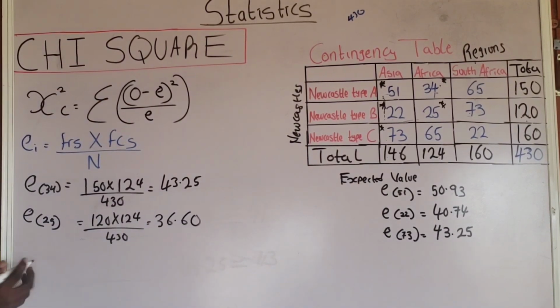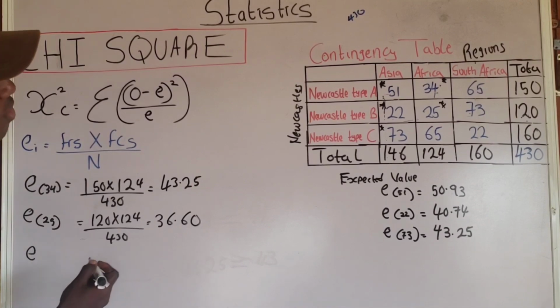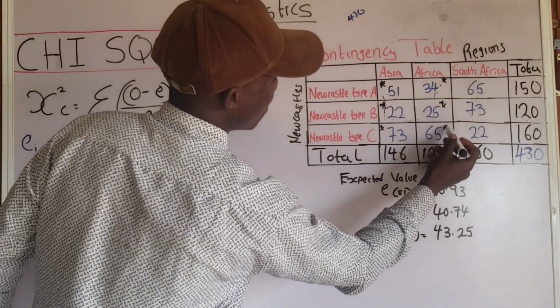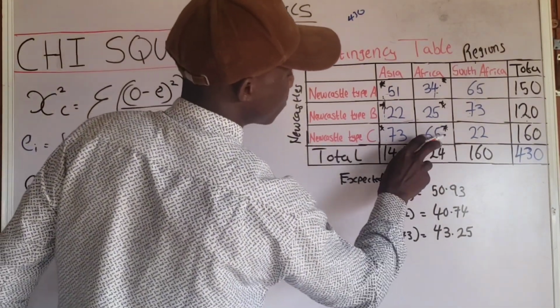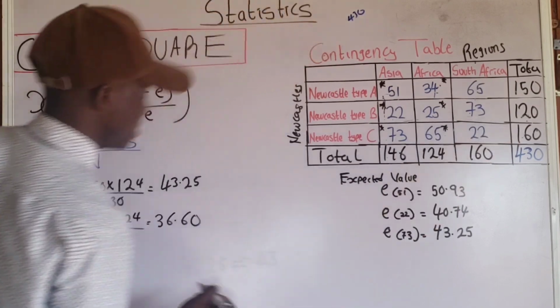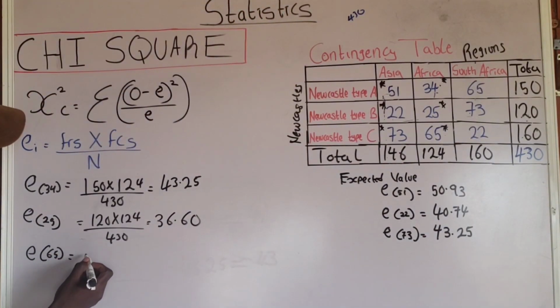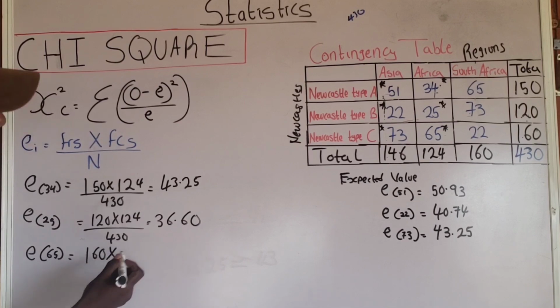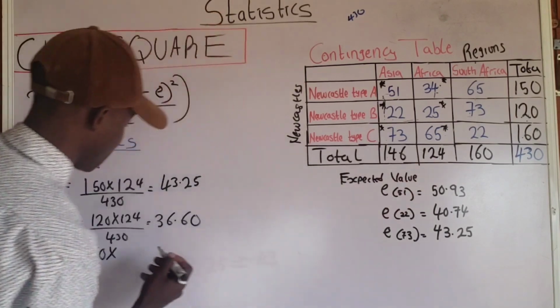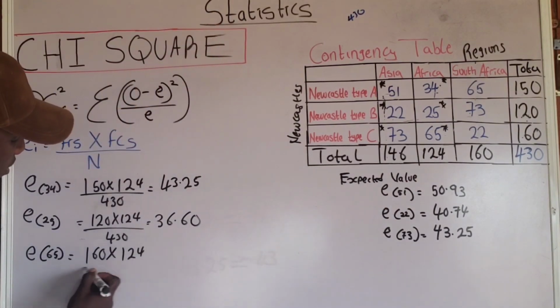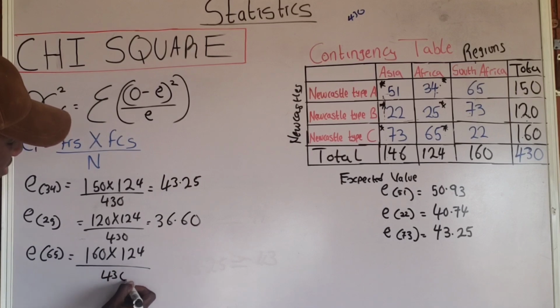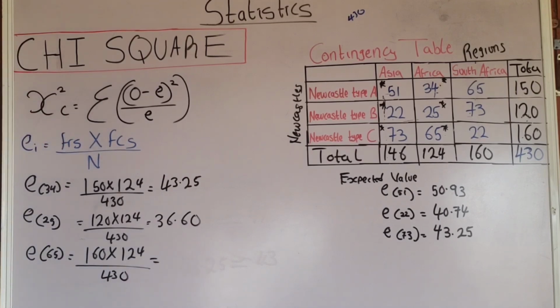The expected value for now 65. We are here. You just have to trace it to the row total, that is 160. 160 multiplied by 124 all over 430. Now take their product and divide by 430. That is 46.13.